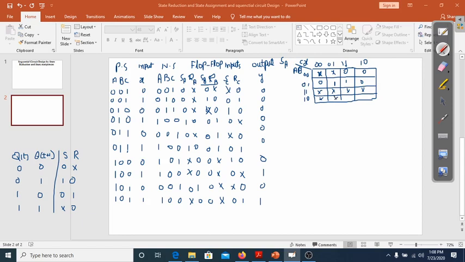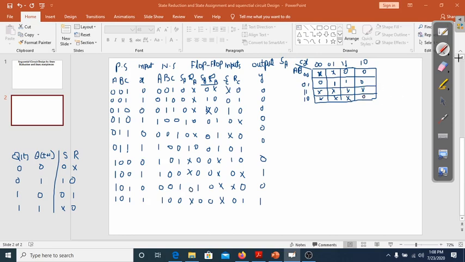You can see from the table 1011 is a don't care. 1010, SA is equal to 0.